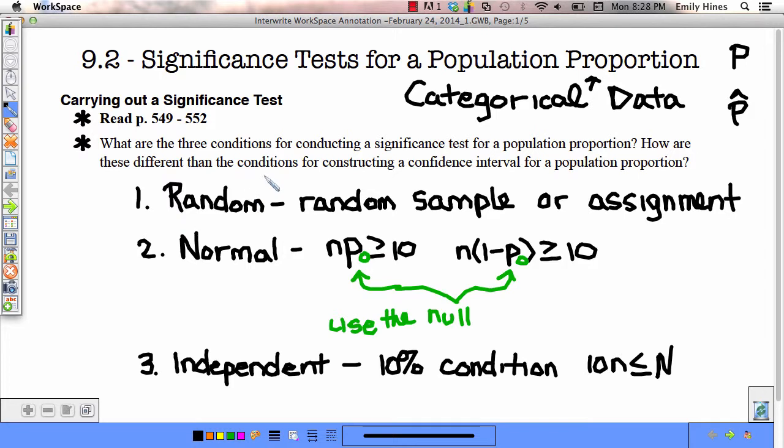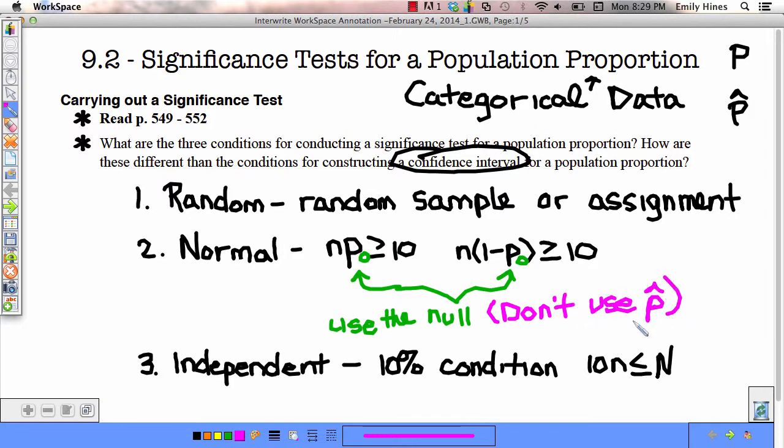Hopefully you have noticed that these are the same 3 conditions that we use for a confidence interval. The only real difference is that when you are calculating this, you're not going to use your sample proportion, your sample p hat. Don't use p hat. You are going to use the null value because that's what we are assuming to be the actual truth.